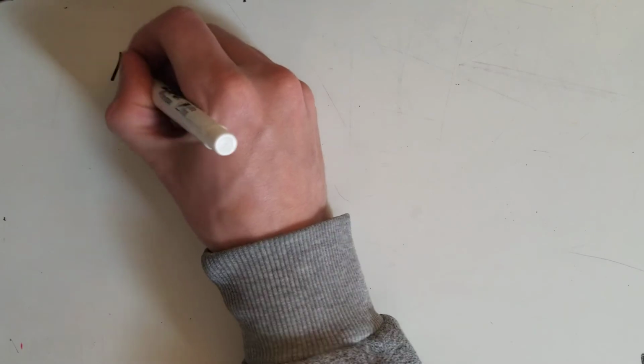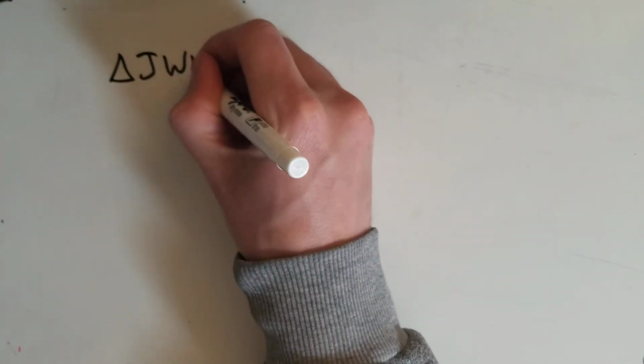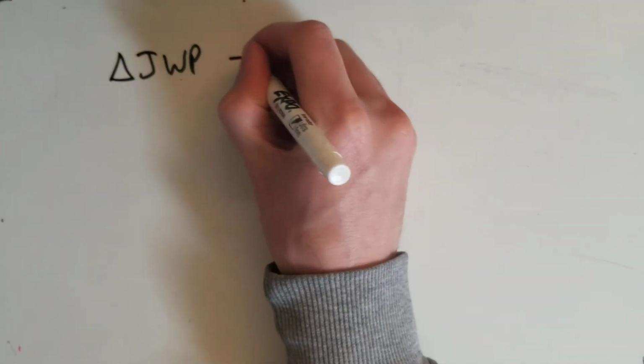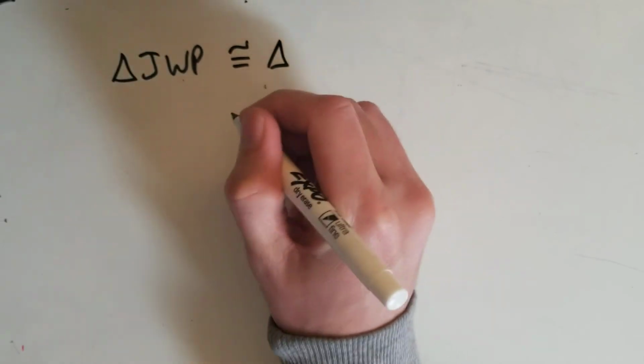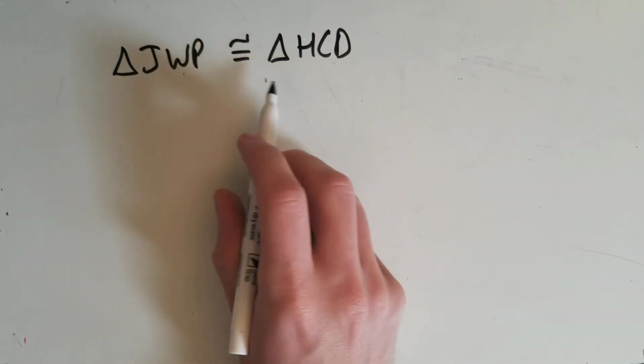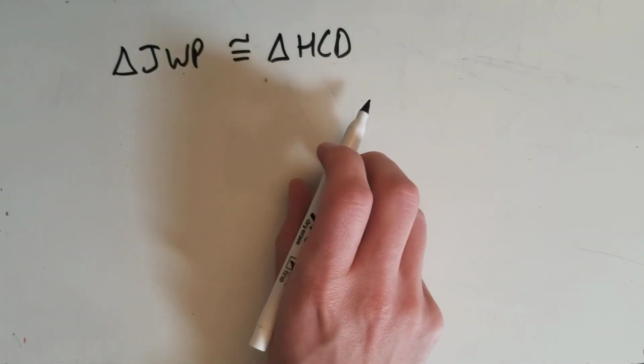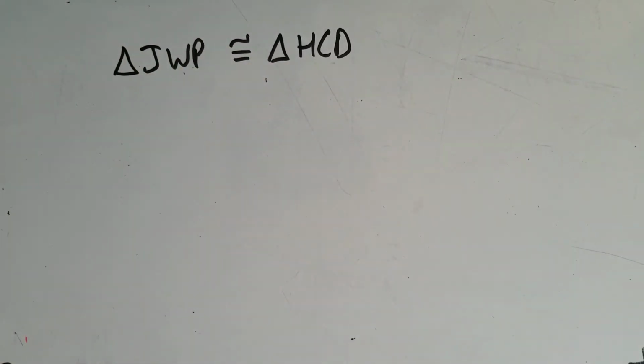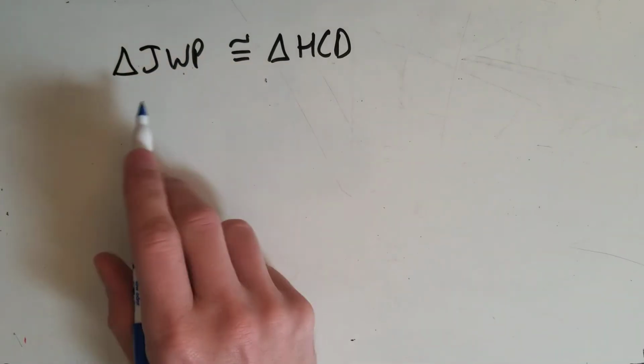All right, so our next question, we are given actually triangle JWP is congruent to triangle HCD. And we want to write congruent statements from these. So we don't have a picture to reference. We just have the congruent statement that's given to us.